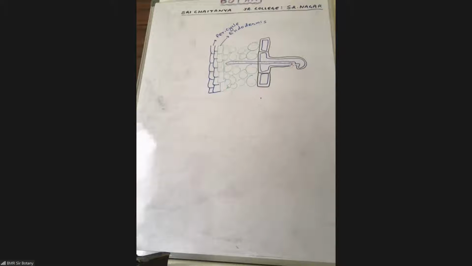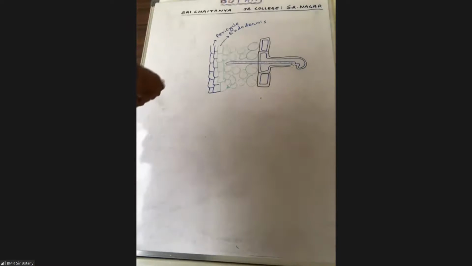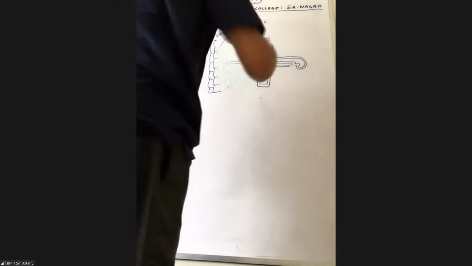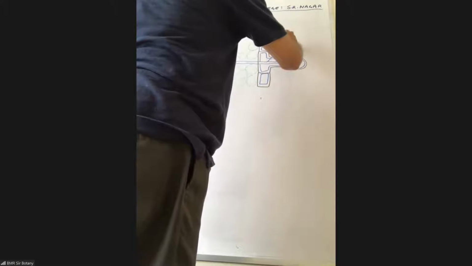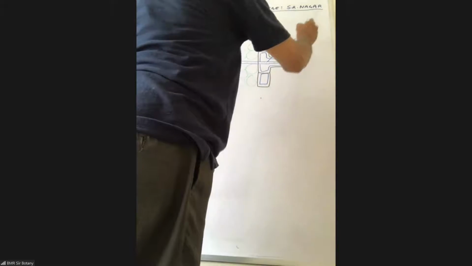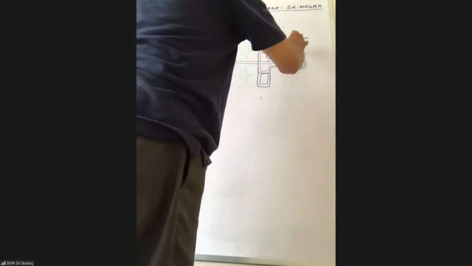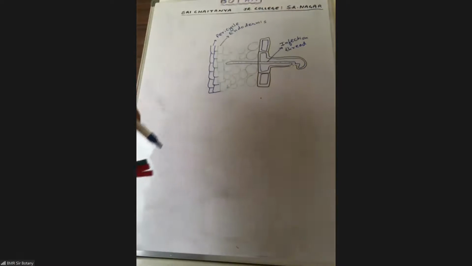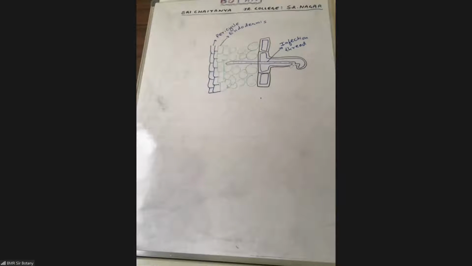So, rhizobium bacteria are brought into the cortex close to the endodermis and pericycle by the infection thread. So, this is the infection thread. Tell me, Nana, what is the chemistry of the membrane of the infection thread? Can anyone please?